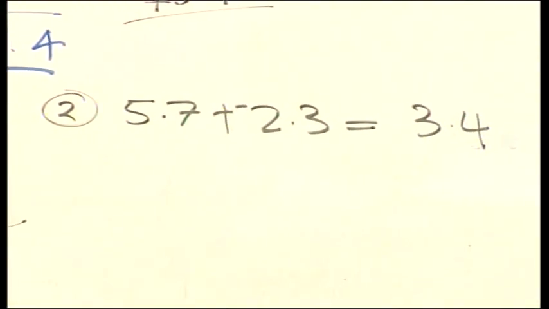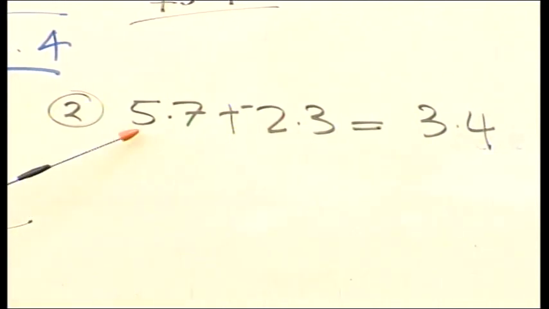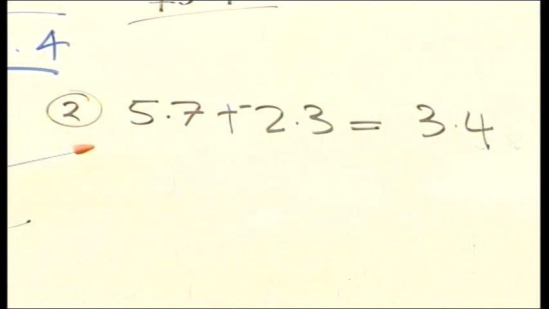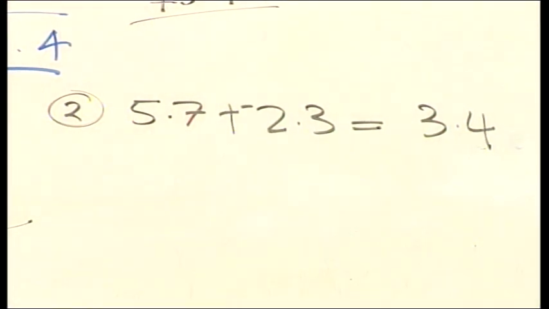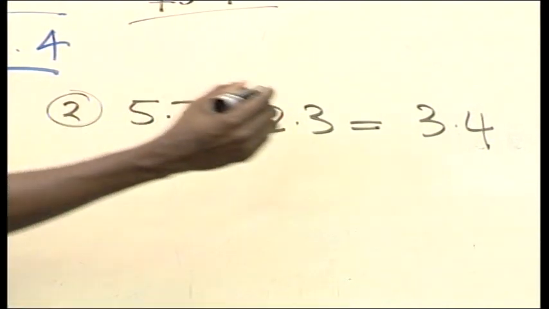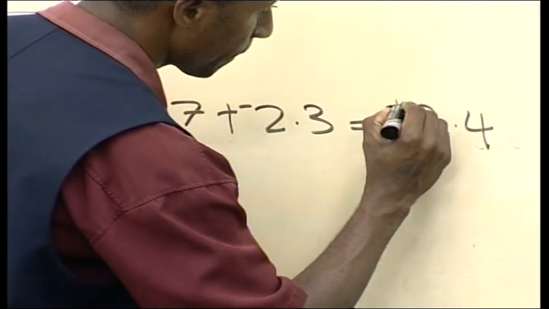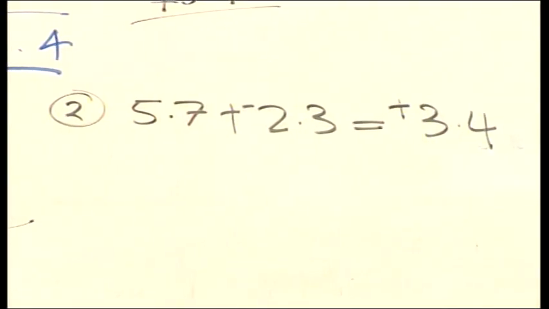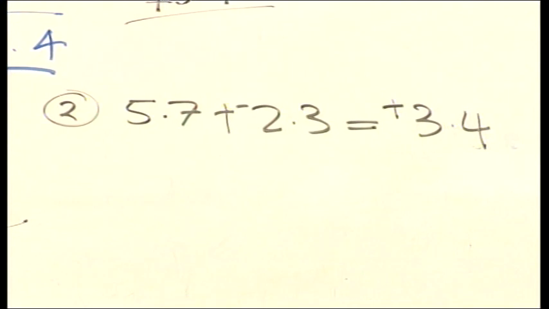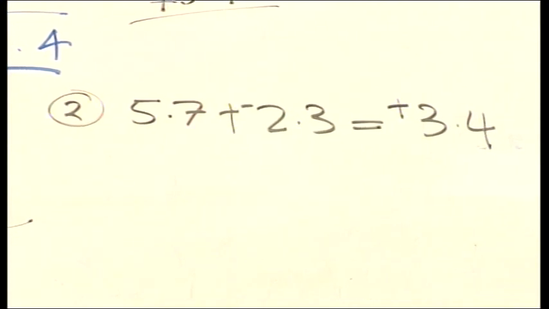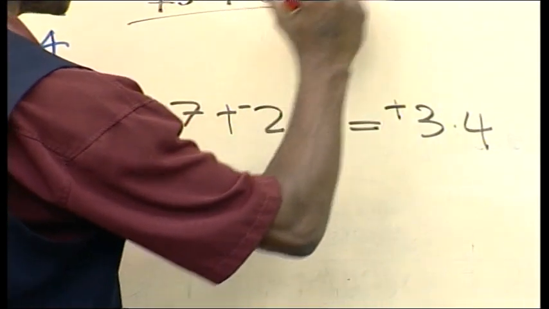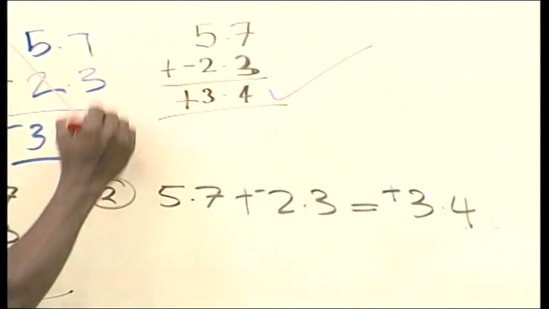The bigger number is 5.7, and the sign in front of 5.7 is positive. So we give the answer a positive sign. So our friend's answer here is correct, not Cooper's.